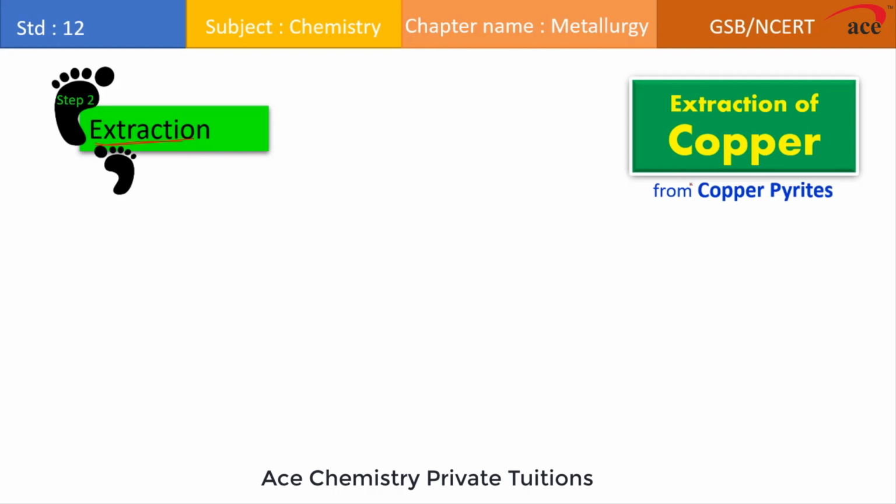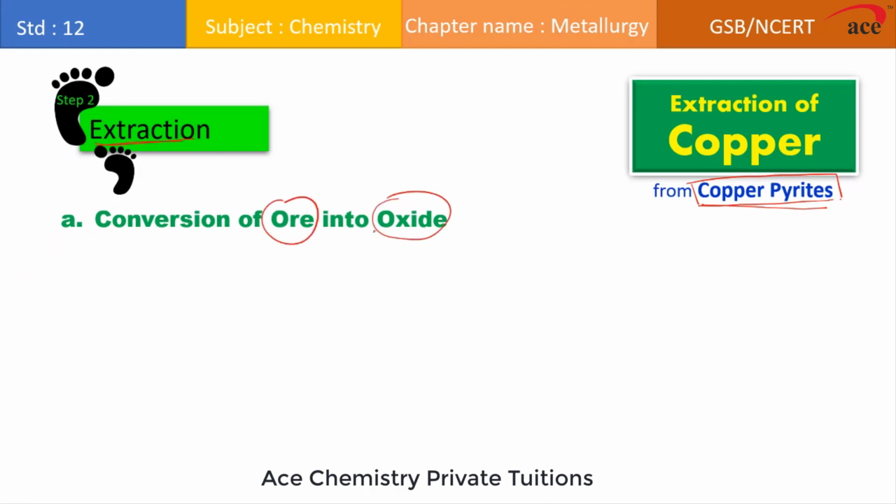The ore that we have taken is copper pyrite, which is a sulfide ore. So the best method for conversion from metal compound to metal oxide is roasting. We are doing conversion of ore into its oxide, and the method that we are using is roasting, because it is a sulfide ore.